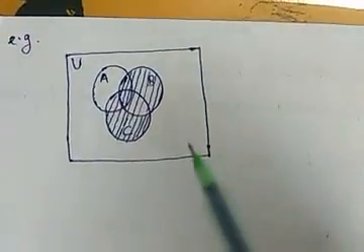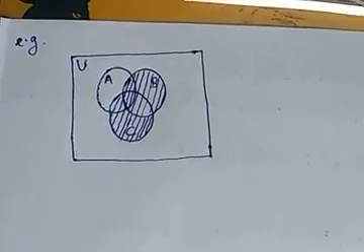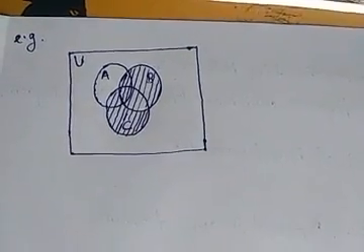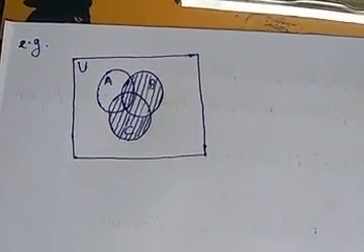Now if we are given this type of Venn diagram, we have to define it in symbolic form.